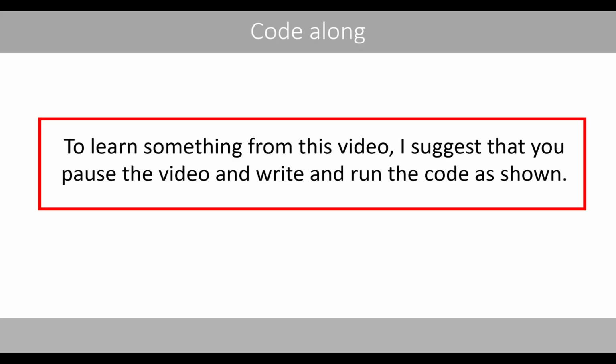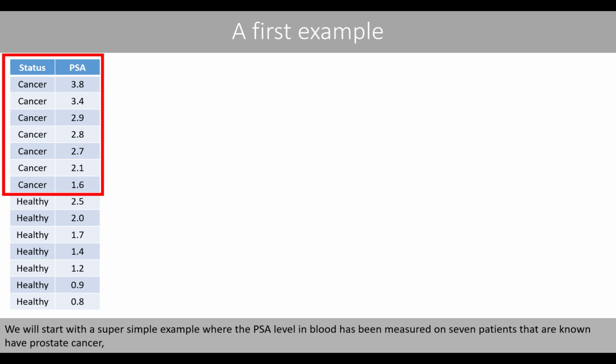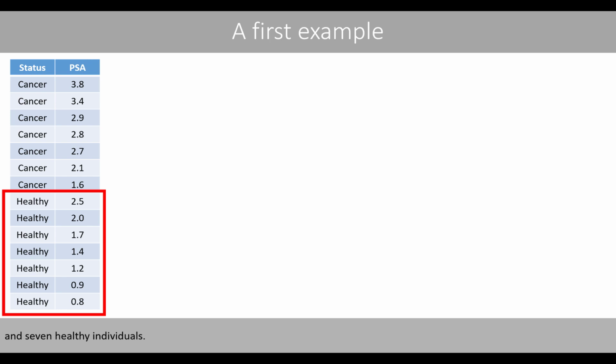To learn something from this video, I suggest that you pause the video and write and run the code as shown. We will here start with a super simple example where the PSA level in blood has been measured on 7 patients that are known to have prostate cancer, and 7 healthy individuals.